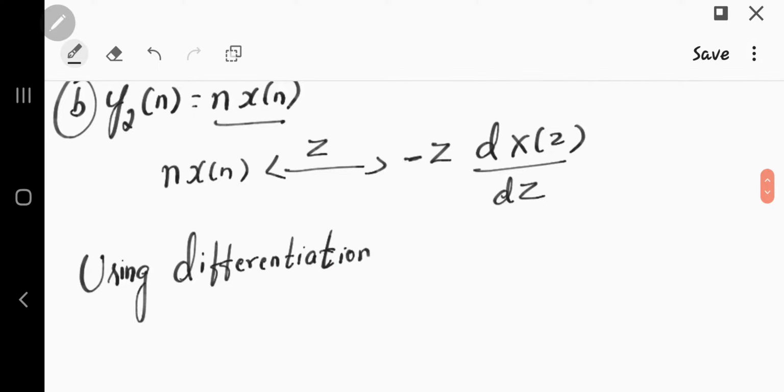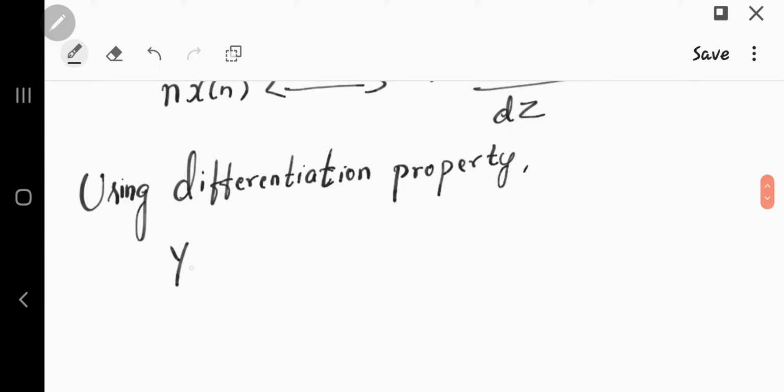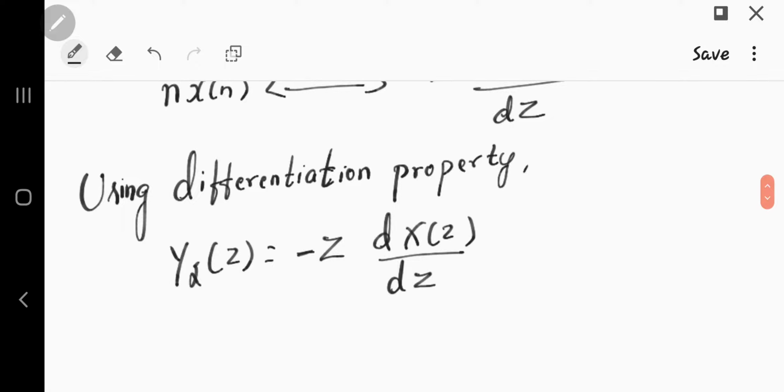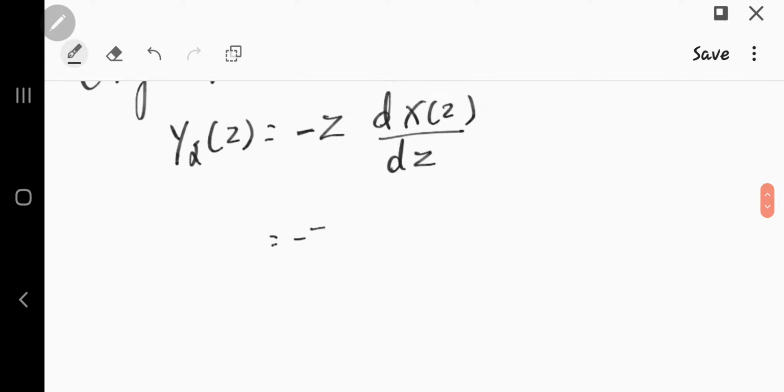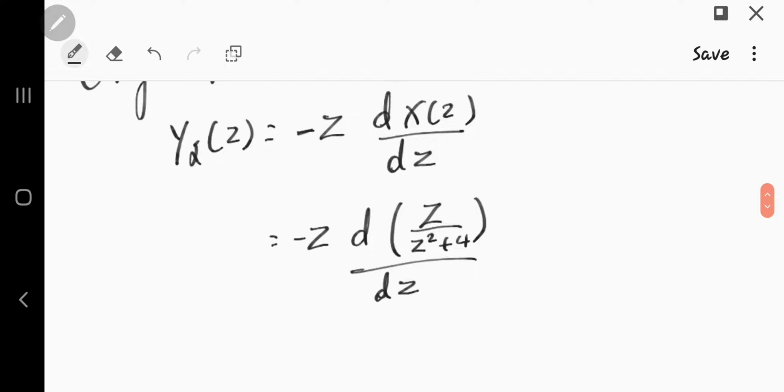Using the differentiation property, we can write y2 of z is equal to minus z times the differentiation of x of z with respect to z. So minus z times the differentiation of z divided by z square plus 4 with respect to z.